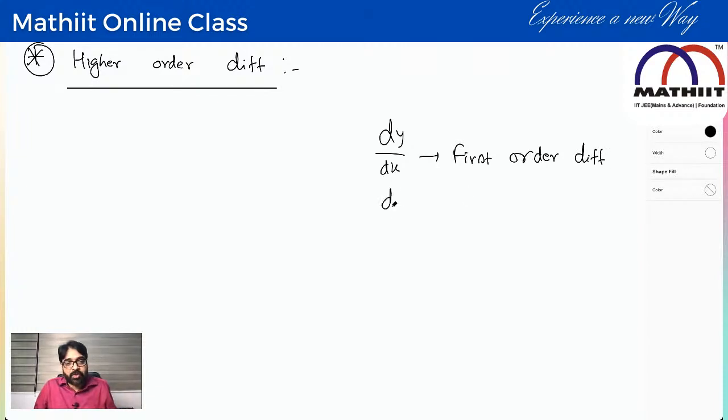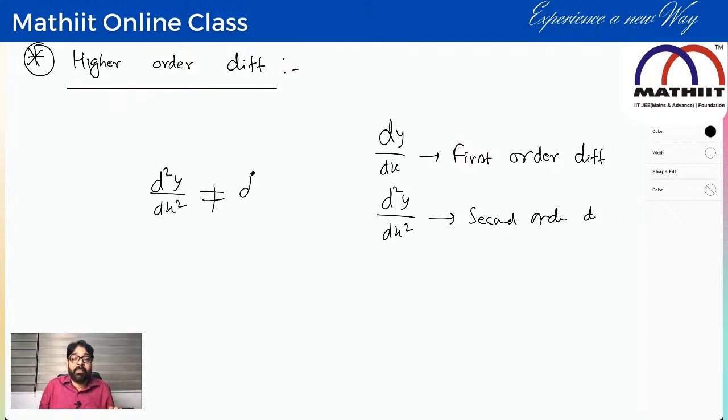When I write this way, d square y by dx square, this is called the second order differentiation. Remember, d square y by dx square is not dy by dx whole square. These two are different things. dy by dx whole square means find dy by dx and make it square.